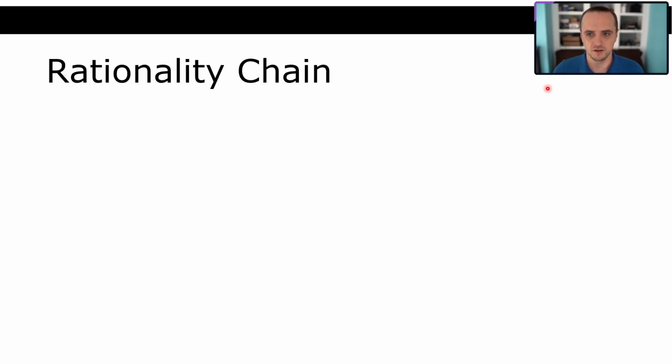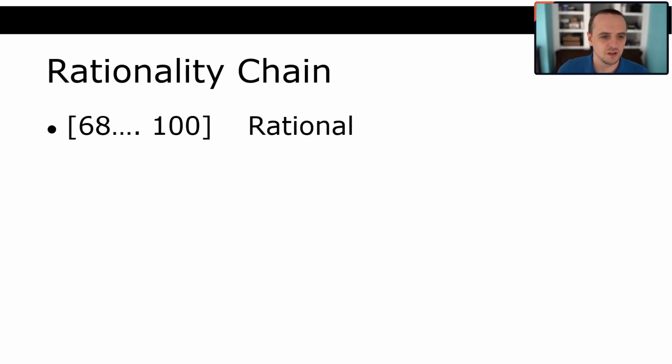All right. So here's the rationality chain within this system that we've just created. So 68 to 100 are going to be eliminated because they're dominated strategies if we just assume that everyone applied their rational decision making once. Okay, so they applied it once.